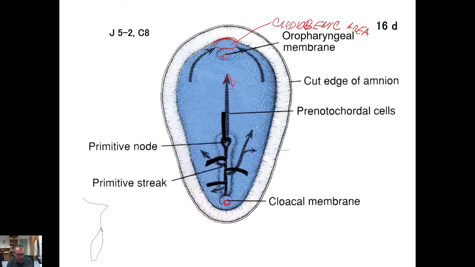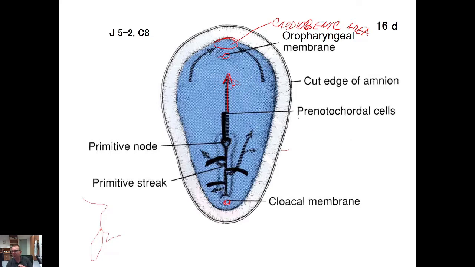And sorry, what's happened? So only in this cranial direction the structure is growing, and this structure, this solid cord of cells which is growing towards the oropharyngeal membrane from the primitive node, is the future notochord, but now we can say that this is just pre-notochord.